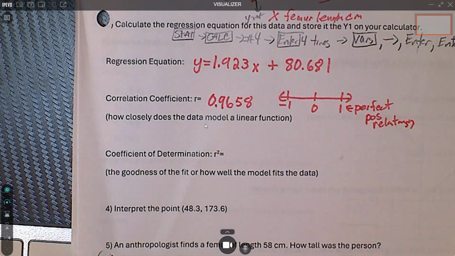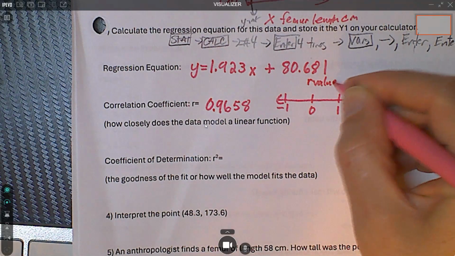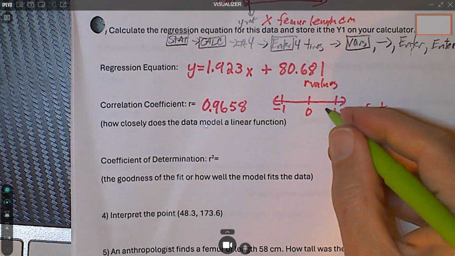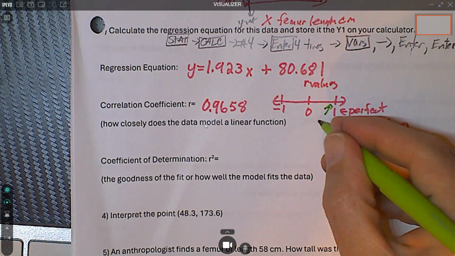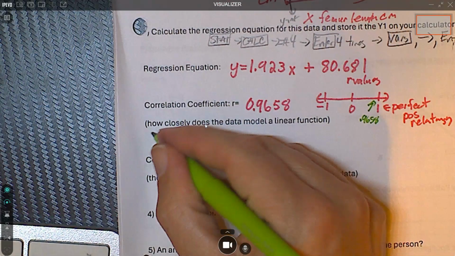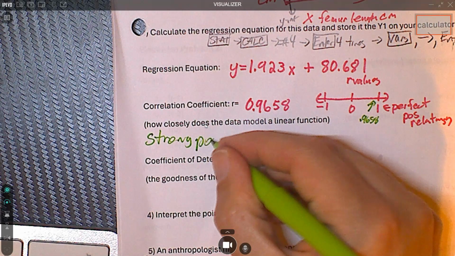So the closer you get to 1, that R value, the better it is. So it'd be really close to 1. So this would be a strong positive correlation.